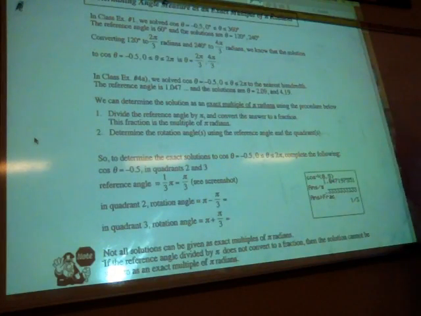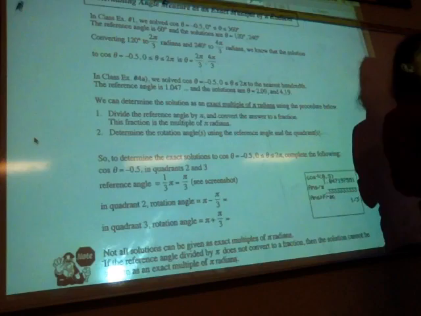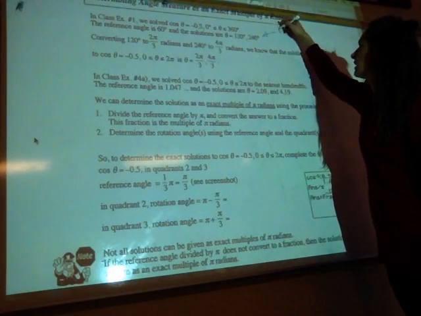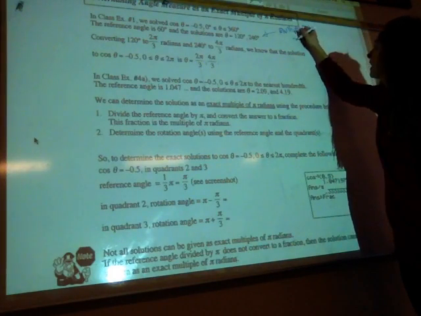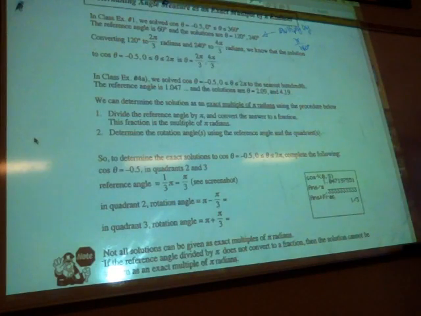Now, if I wanted, I could do everything in degrees and then convert these to radians simply by multiplying these values by pi over 180 degrees. So we can solve for everything in degrees and then just convert our answer to radians at the end.